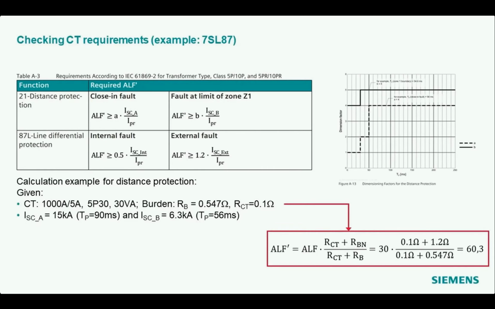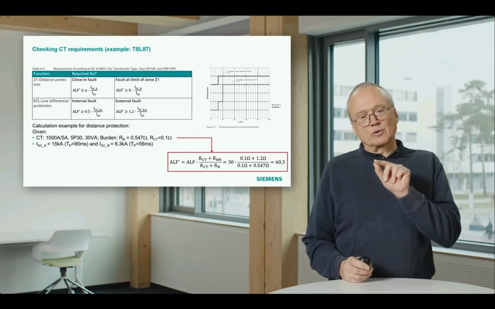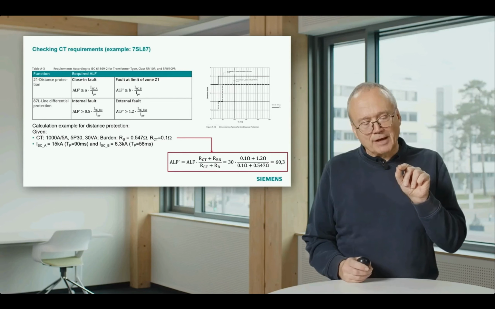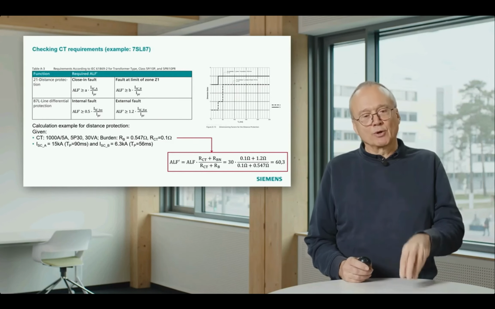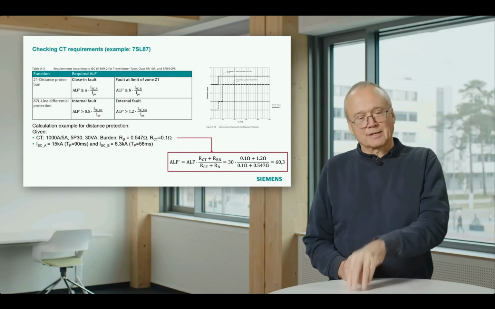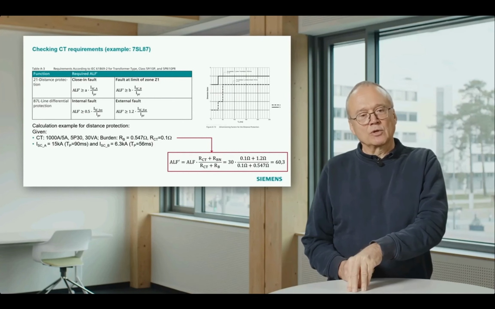The first thing we have to do is calculate for this current transformer the effective or operational accuracy limiting factor. We did that already several times, so it's easy. The only thing you have to take into account here, this is a 5 A CT, and for a 5 A CT the burden in VA does not have the identical value as the burden in ohms.